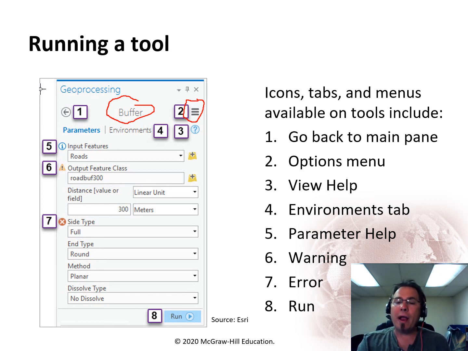And if you don't have the program in front of you, all of the help is online as well. If you type in buffer and the word GIS, the first thing that's going to come up is the actual help page from ArcGIS, whatever version you're looking for. You might want to type in ArcGIS Pro, but it's all online as well. Use it.